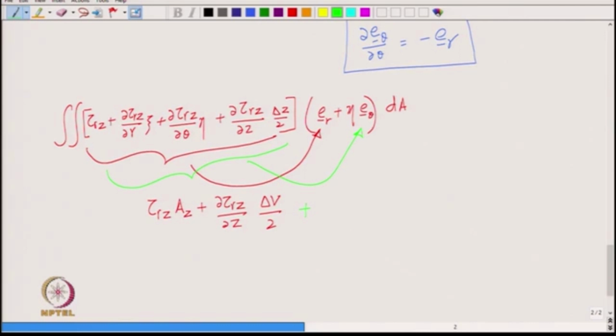So, the first one is integral and tau rz comes out, E theta also comes out, and we have eta dA, and we know this is 0. The second one is del tau rz over del r times E theta and integral of zeta eta dA.